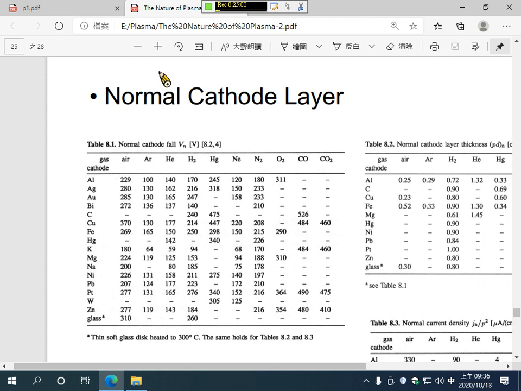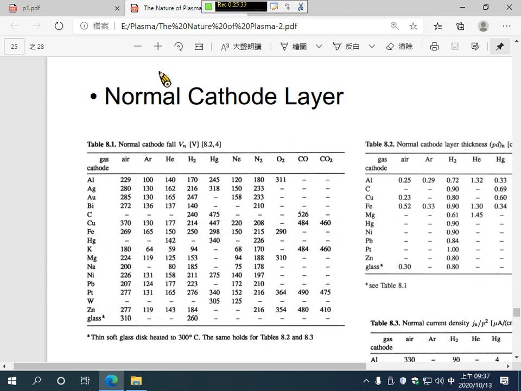So sometimes people will mix an inert gas with a working gas. One is the carrier gas, the other one is the working gas. For example, you can mix argon and nitrogen, or argon and oxygen, to generate a mixture plasma. A mixture of plasma, okay.